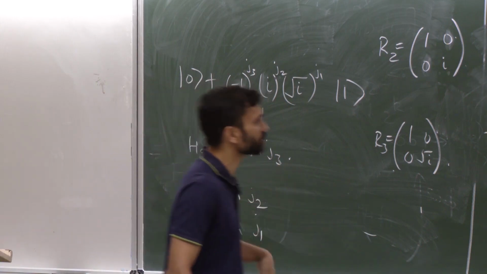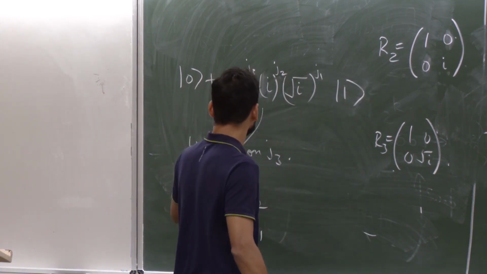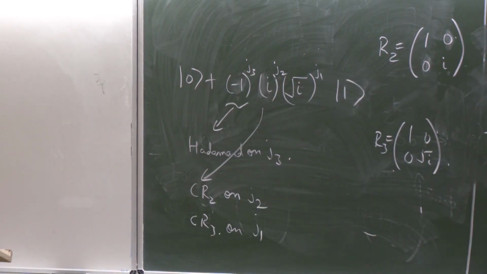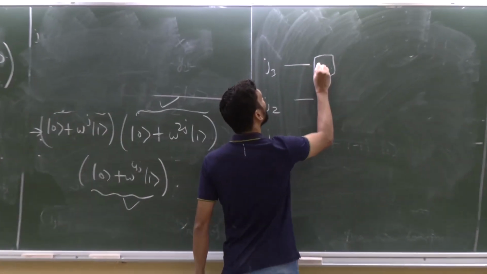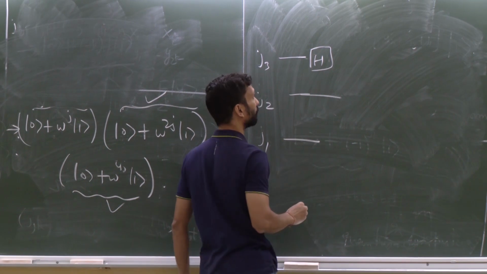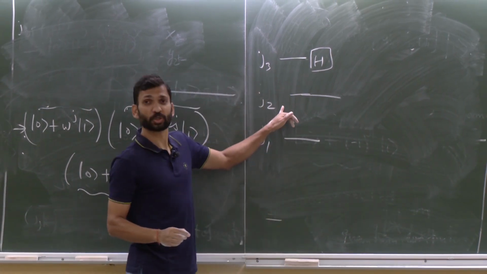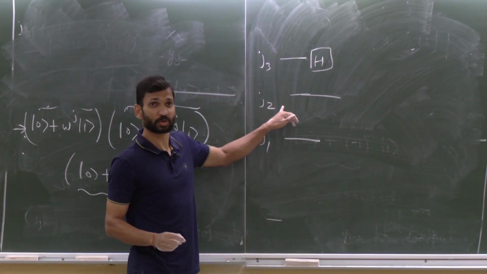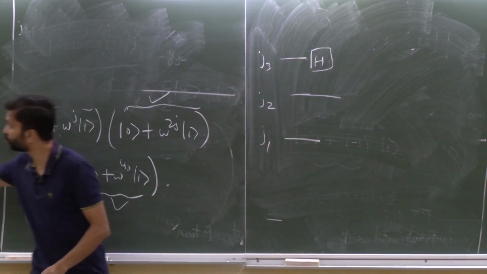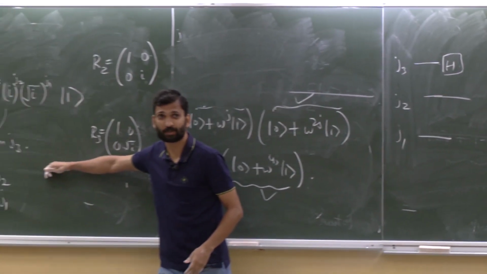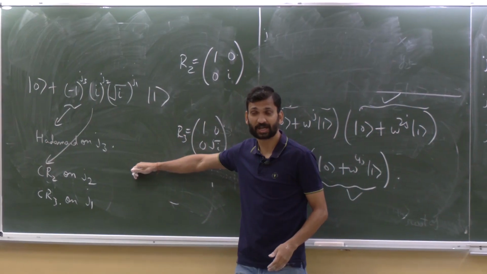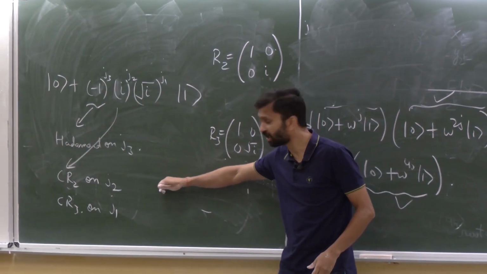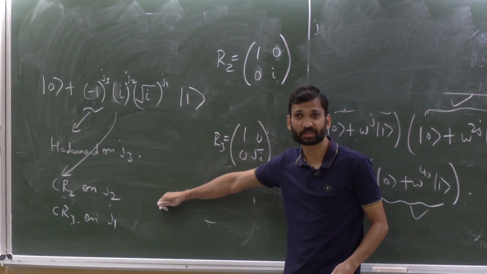Once you have the factorization, now what do I do with J2? So now first I have to do this, right? Because it has control from both. I can't touch J2 and J1 before I do this.